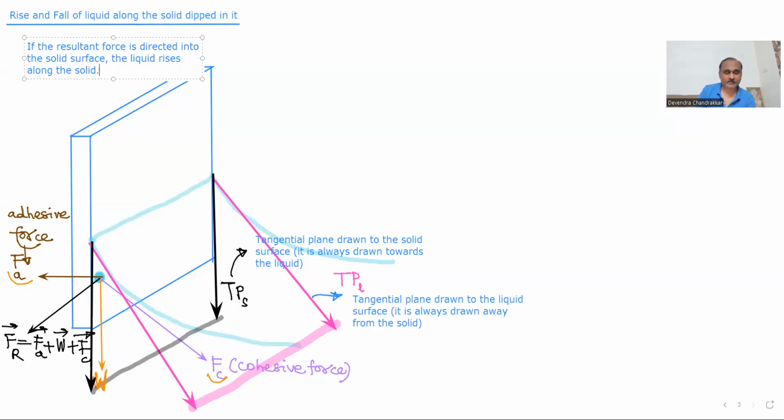So in this case, the liquid is rising along the solid because the resultant force is into the solid surface, right? Now, the angle between the TPS and TPL, this angle, the green colored one.